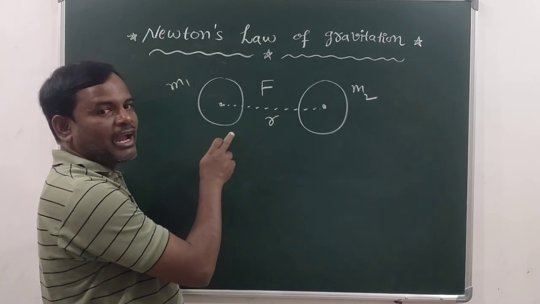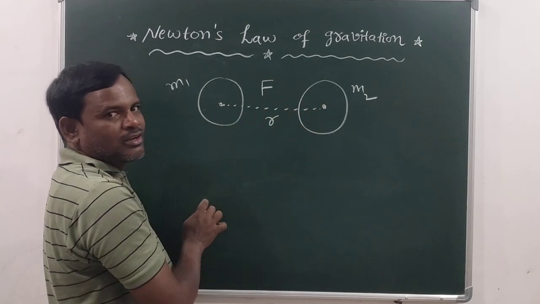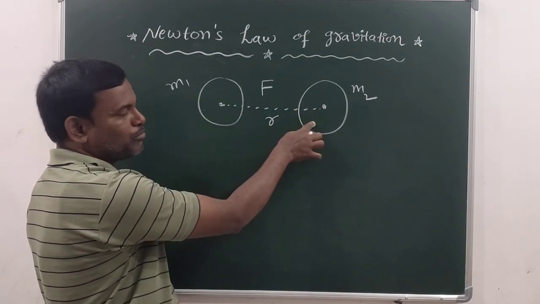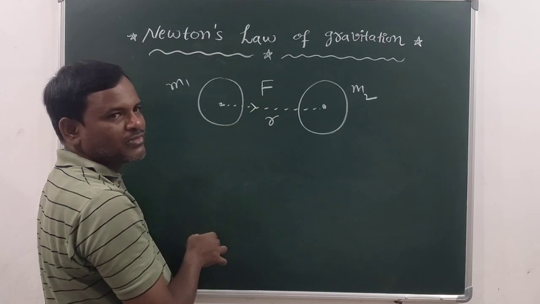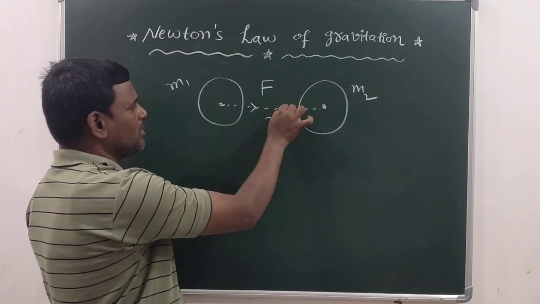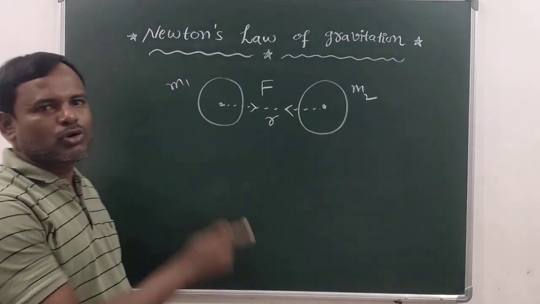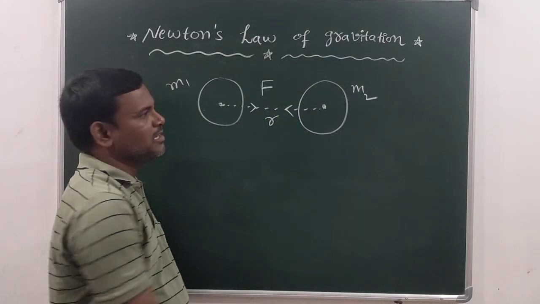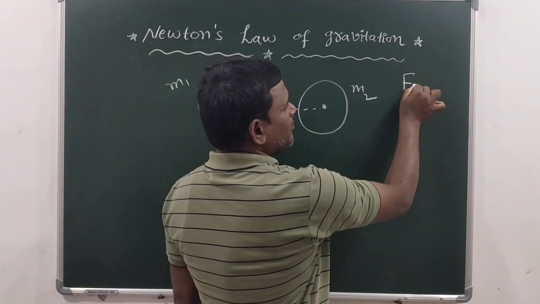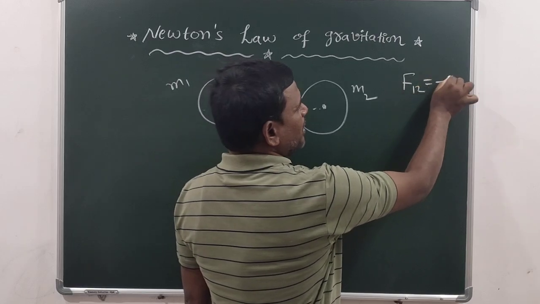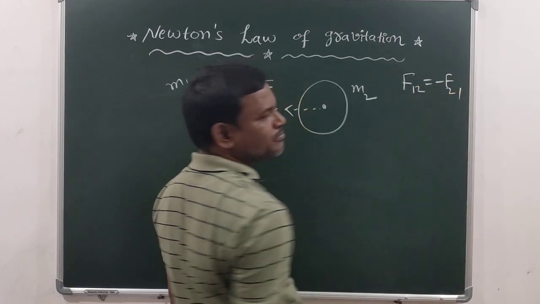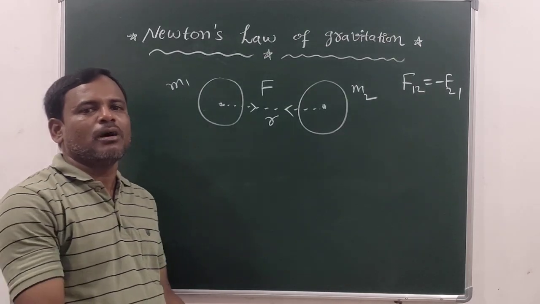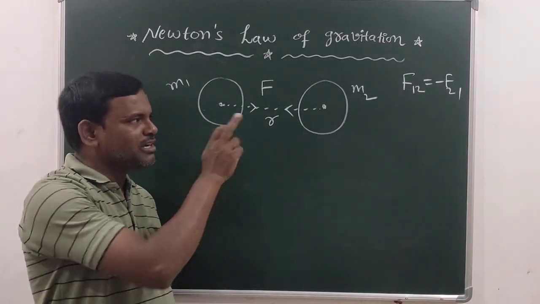That force acts from m1 to m2 in this direction, and from m2 to m1 in this direction. Both are acting on the same line in opposite directions, like first one to second one, minus second one to first one. Both will have the same magnitude but opposite direction.